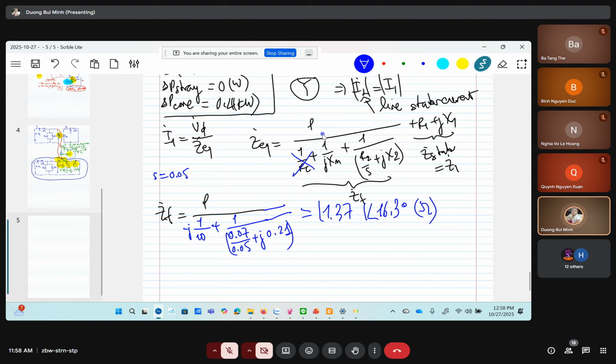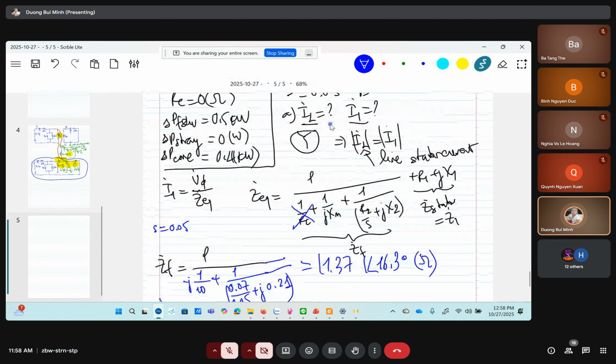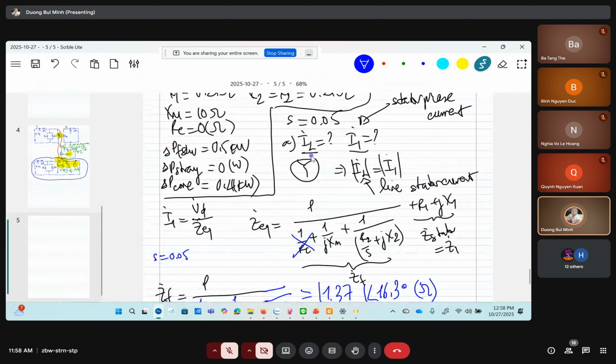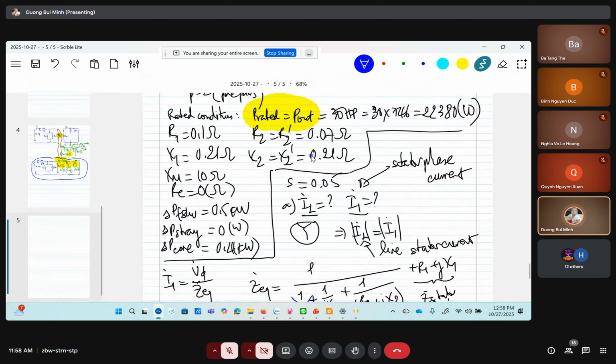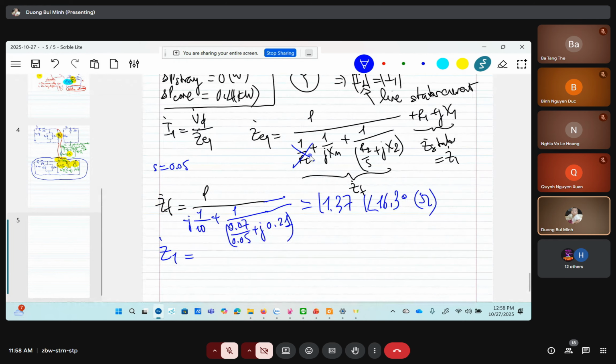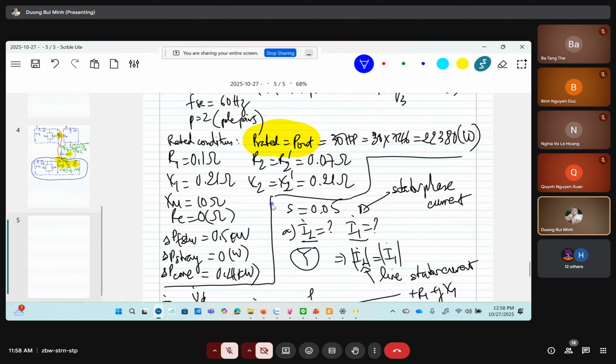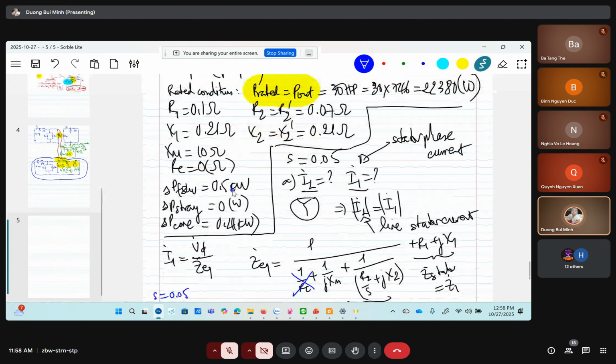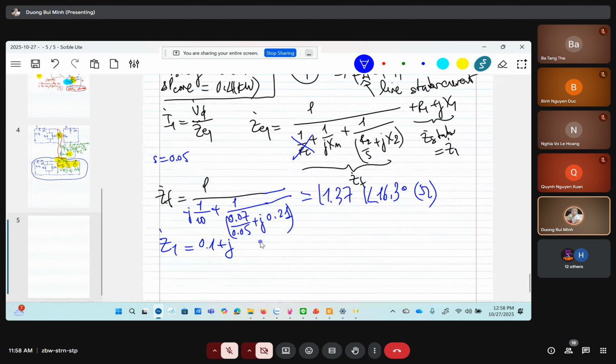Then we calculate Z1. Z1 is R1, 0.1, plus j0.21.